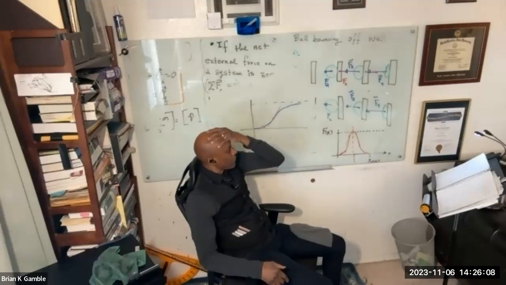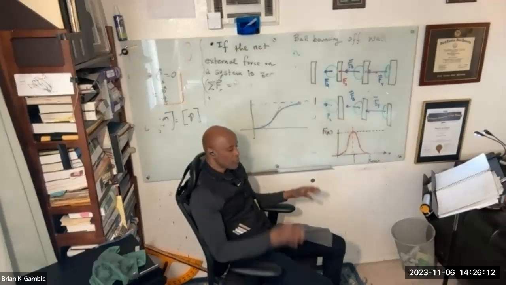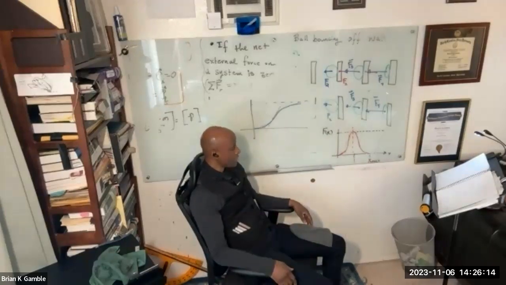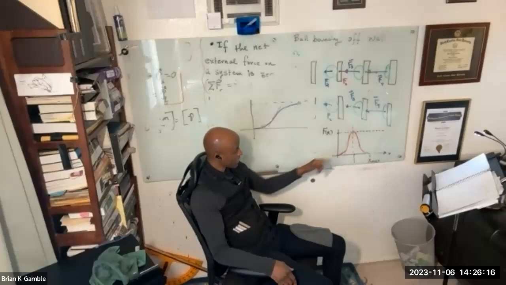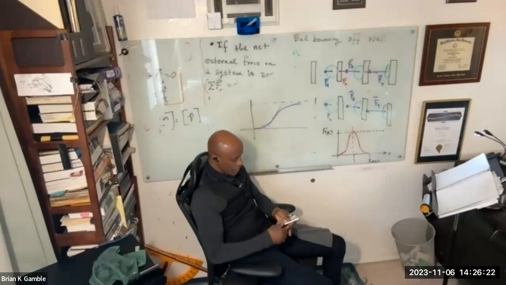But one of the things that we do is we realize that this is a specific type of curve. Two halves of an S curve is actually a curve that looks like this. And this curve is called a Gaussian distribution. From statistical mechanics, there's a very nice way that we can deal with Gaussian distributions. Now, we're not going to get into statistical mechanics here.